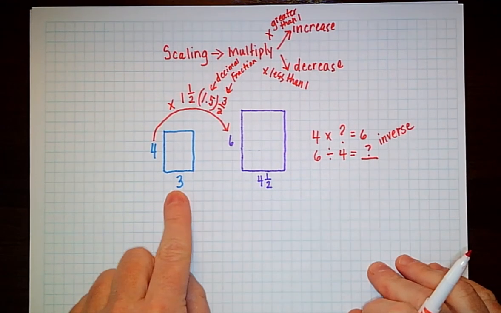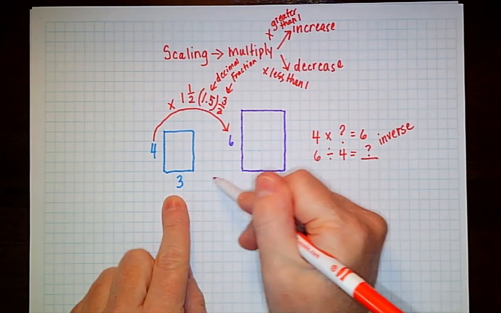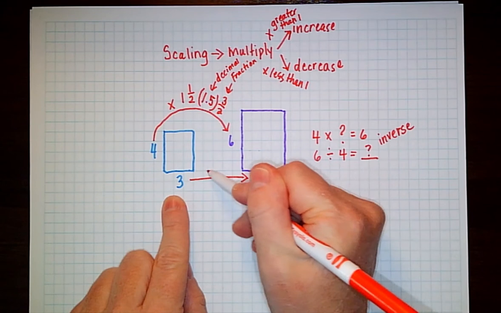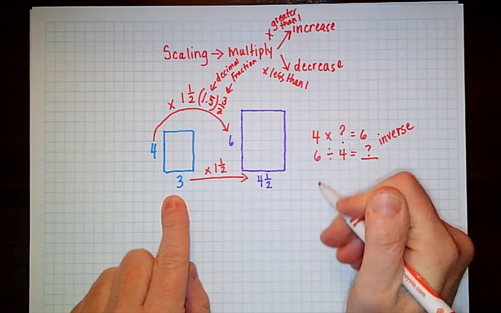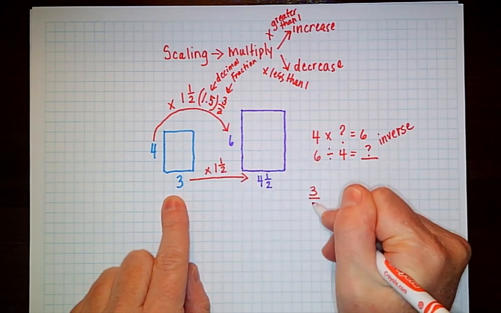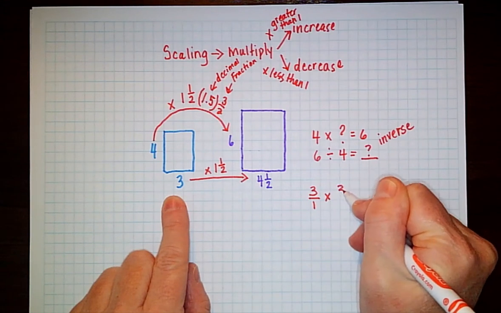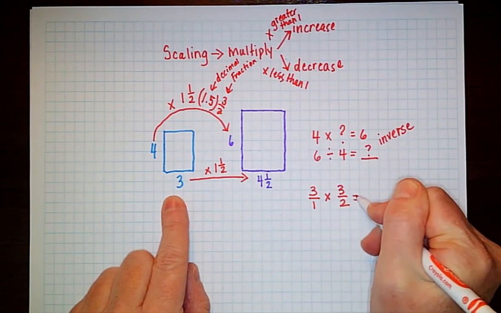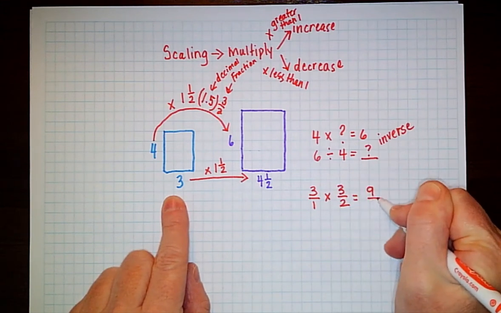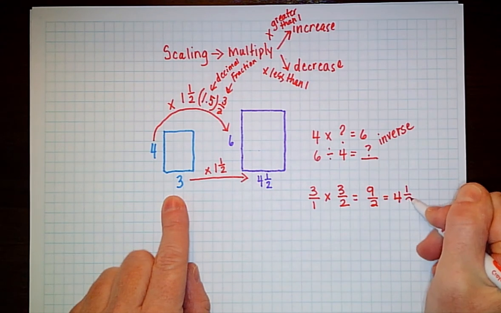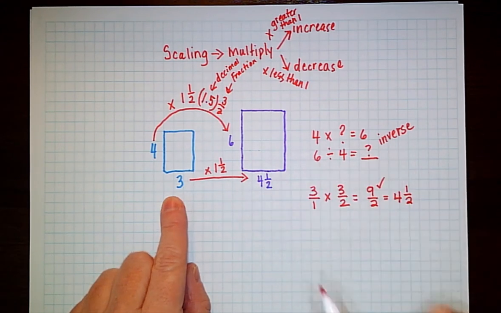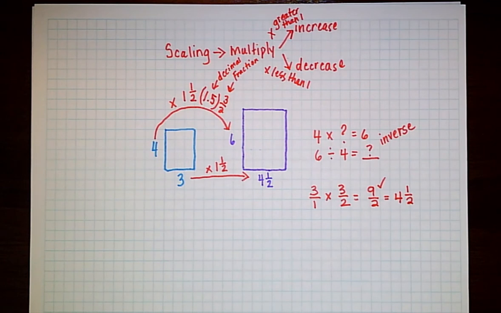Is 3 times 1.5 equal to 4.5? 3 over 1 times 3 over 2 is 9 over 2, which is 4 and 1/2. So yes, it checks out. That's my scale factor.